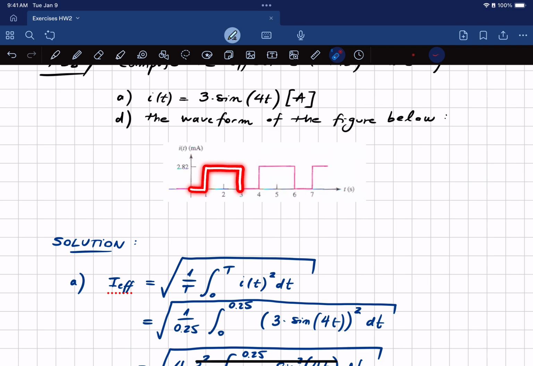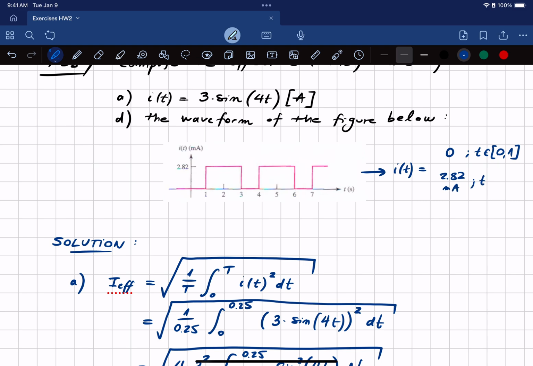So it's essentially a function defined by intervals, right? So we can put it here actually. We're saying that this function I of t is equal to 0 for t between 0 and 1, and it's equal to 2.82 milliamps for t in the interval from 1 to 3.